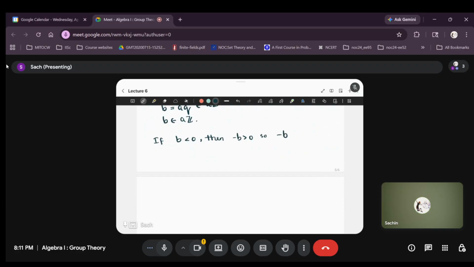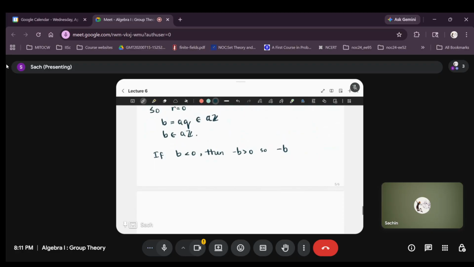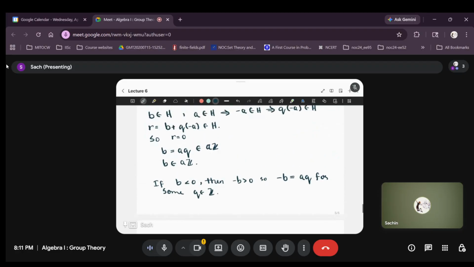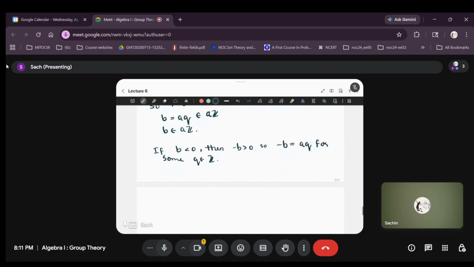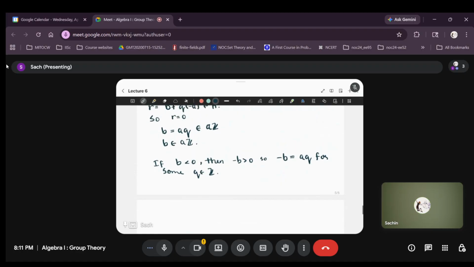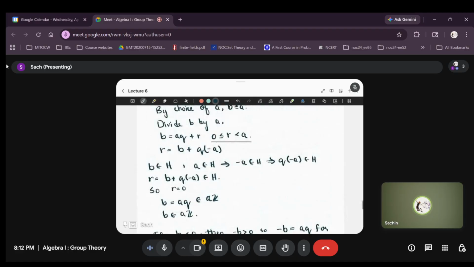So minus B is equal to AQ for some Q in Z. B here was any arbitrary positive element of H. Since B is in H, minus B is also in H, and minus B is a positive arbitrary element of H. So minus B can also be written as AQ for some Q in Z, which means that B is simply A times minus Q. And this belongs to AZ. Whether B is positive or negative, it is a member of AZ.